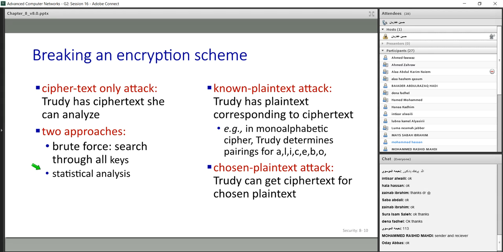For example, mostly we use this. If you look over the internet, you can find a list of common passwords. Just simply look over the internet.